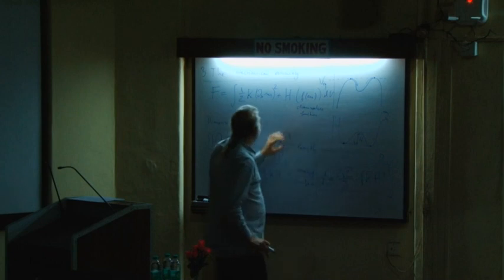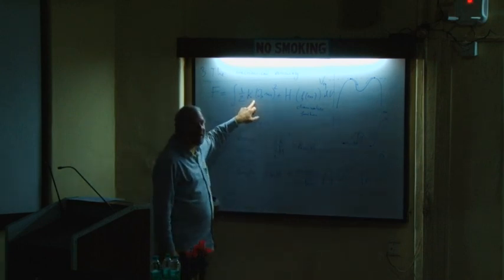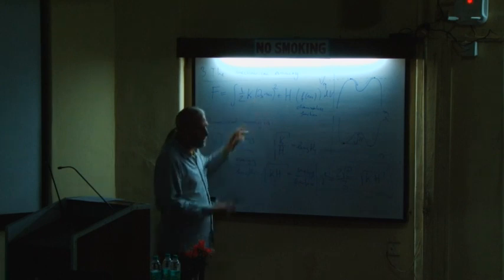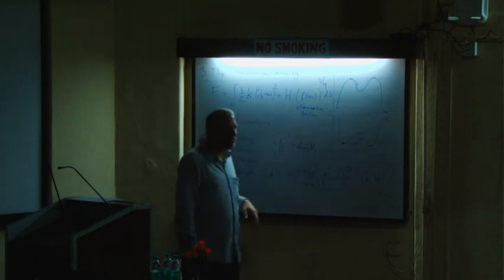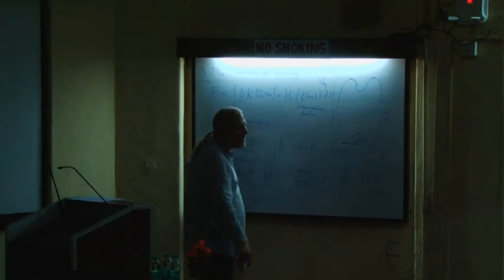Okay? Now the other term alone penalizes gradients. So this term would like to have a homogeneous system. So it would like to flatten out the profile as much as possible. So this term wants to flatten out the profile.